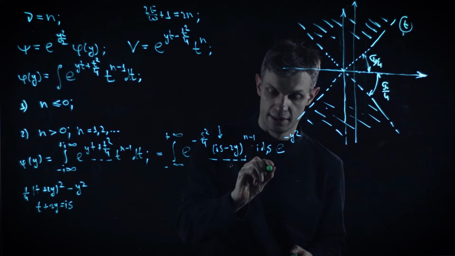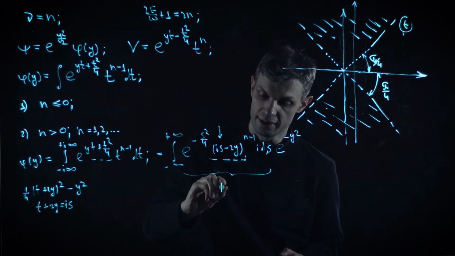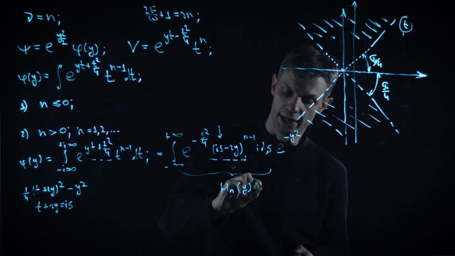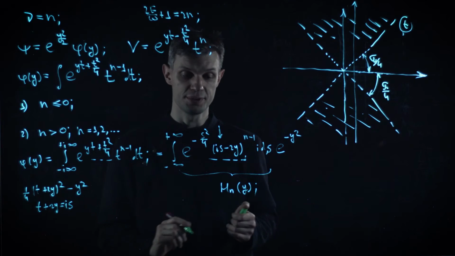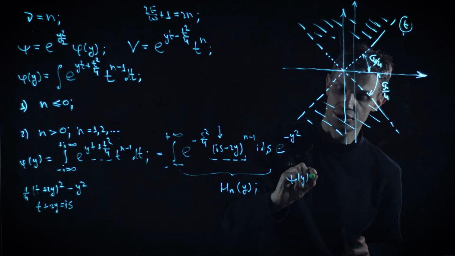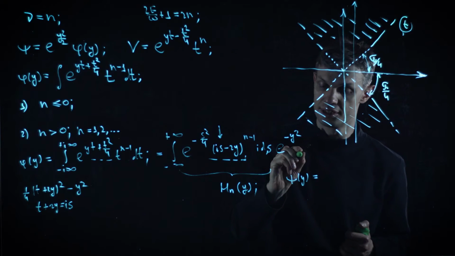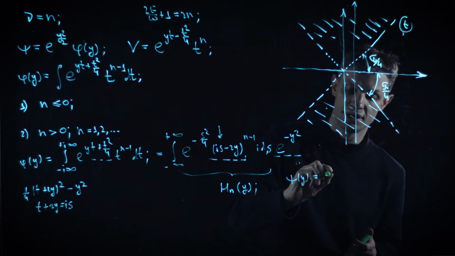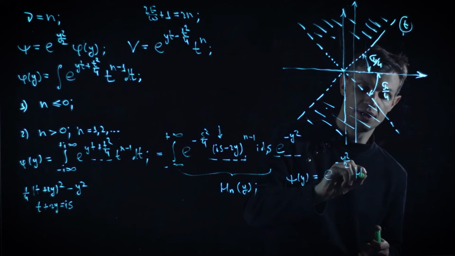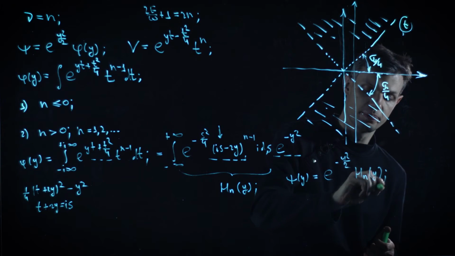So this integral is proportional to H_n of y. And as a result, the entire solution, now taking into account this exponentially decaying factor, is just e to minus y squared over 2 times the Hermite polynomial of y.